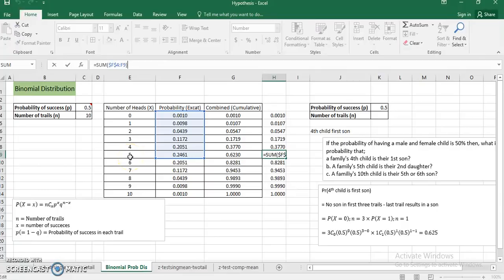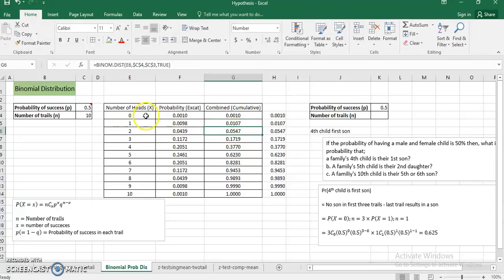That means the cumulative function is giving me the probability of getting at most 5 heads. That means 0 heads plus 1 head plus 2 heads, 3 heads, 4 heads, 5 heads. Similarly, if I go to this cell, this particular function right here, which is the same as this, is giving me the value of probability of 0 heads plus probability of 1 head.